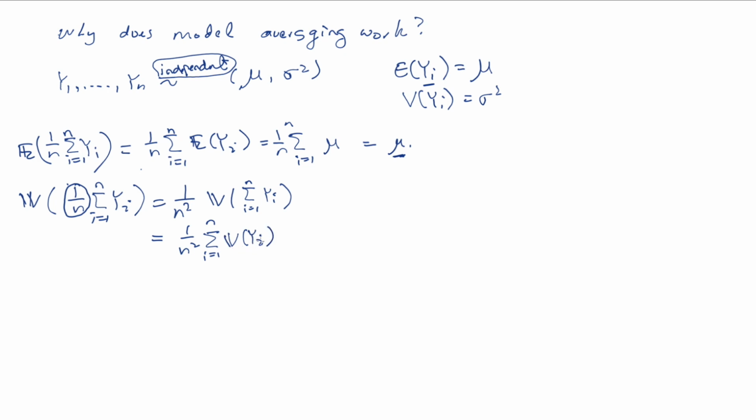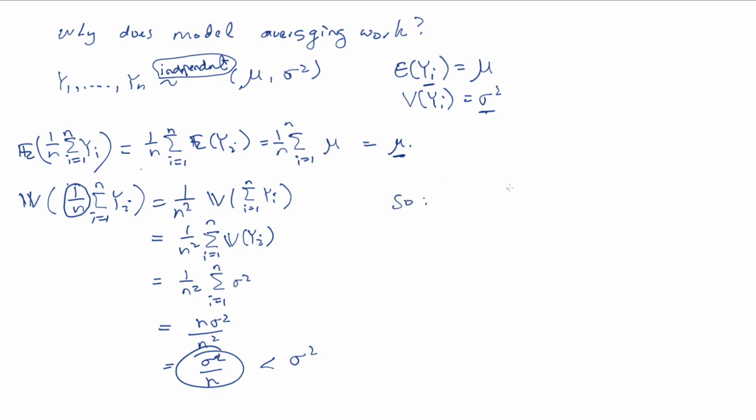And the variance of yi is sigma squared, so this is going to be 1 over n squared times the sum of sigma squared. Sigma squared doesn't have an i in it, so this is just the sum of sigma squared n times, so we get n sigma squared over n squared, which is just sigma squared over n. What is sigma squared over n? Well, it's going to be smaller than sigma squared, because I'm dividing by a positive number, so sigma squared over n is less than sigma squared.